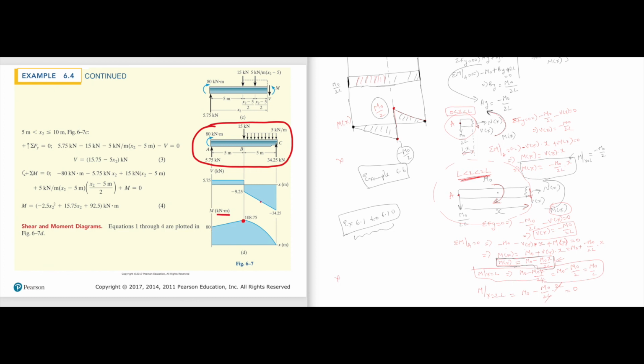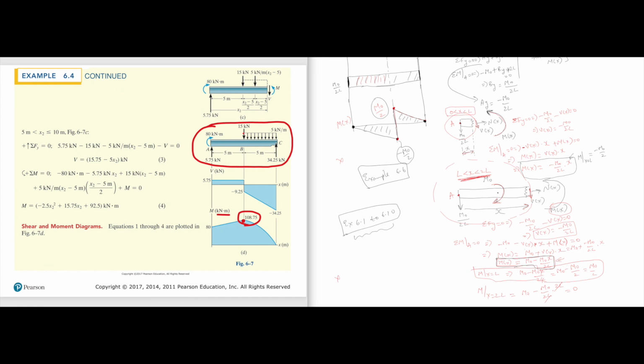Once you are able to come up with this number, then to find the stress caused due to bending, you'll use an equation that I'm going to present in a little while, and you'll use this number because this is the maximum bending moment value. So you will use this value to calculate the maximum stress occurring in the material.